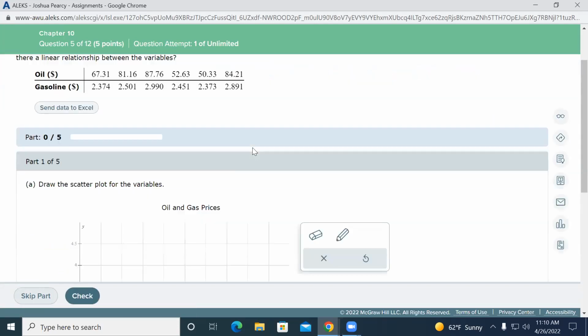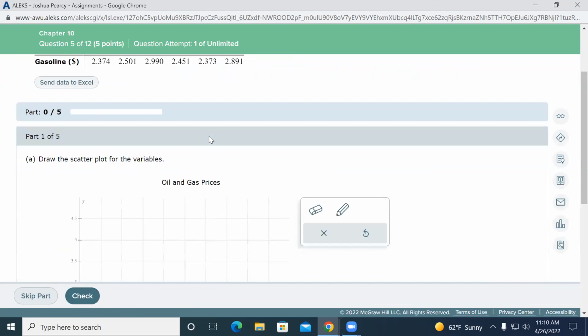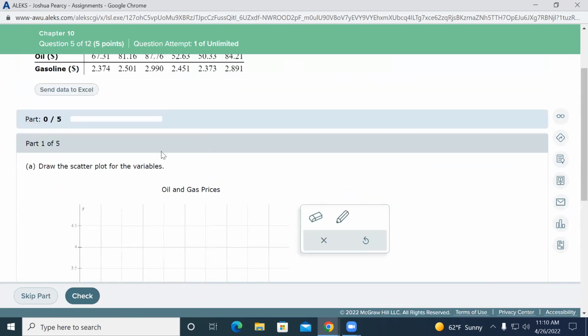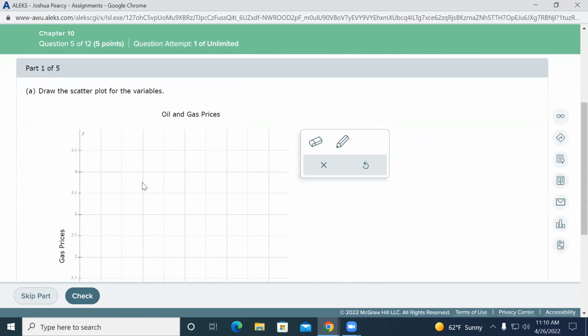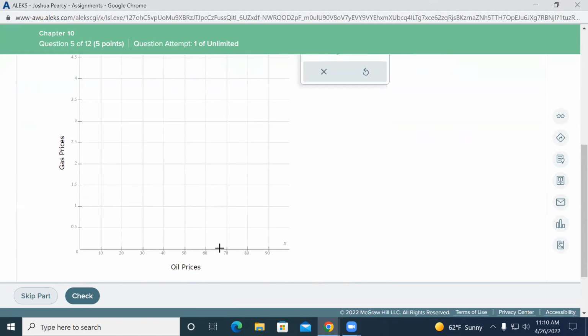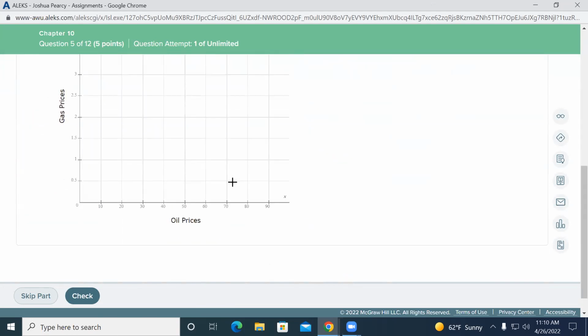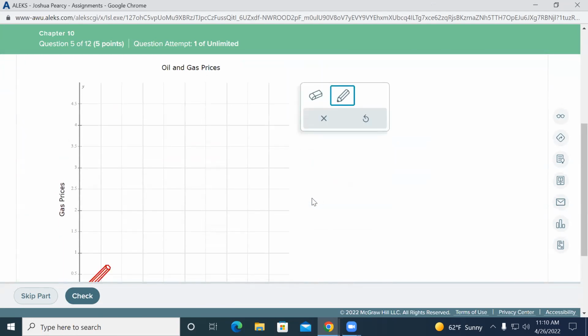Number 5. Something like this. Okay, so 67 and 2.3, somewhere right here, maybe. Oh, I can click the pencil. Lovely. This is not fun.